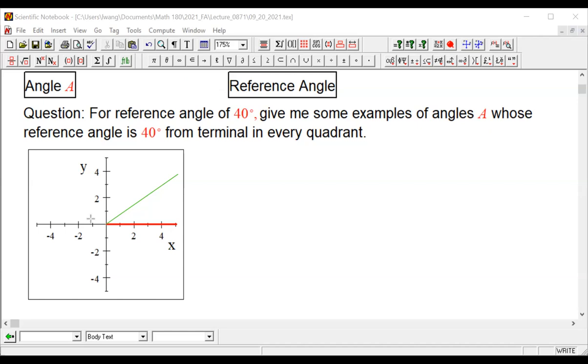And this is also 40 degree reference angle, and this is also reference angle, 40 degree. I will make sure all of these are 40 degree.